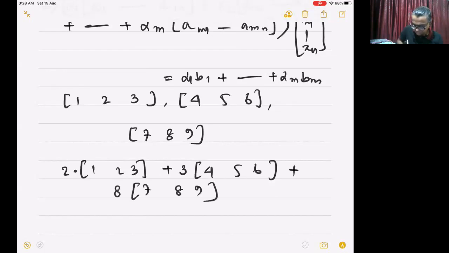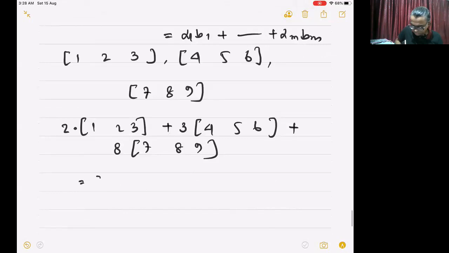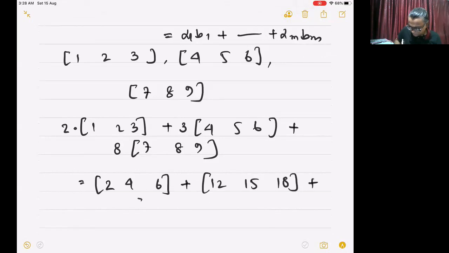What is this result? This is 2, 4, 6 plus 12, 15, 18 plus 56, 64, 72.